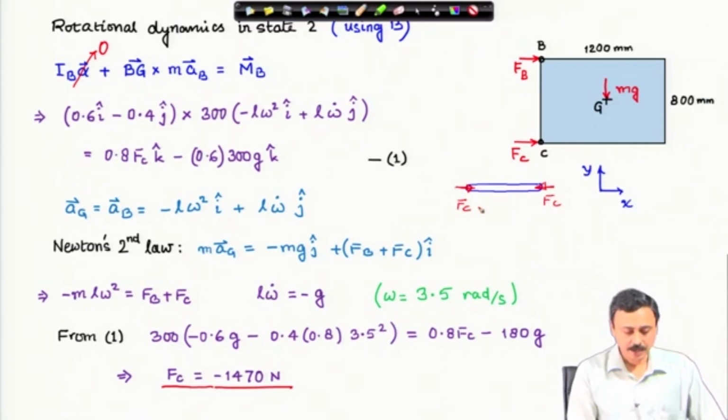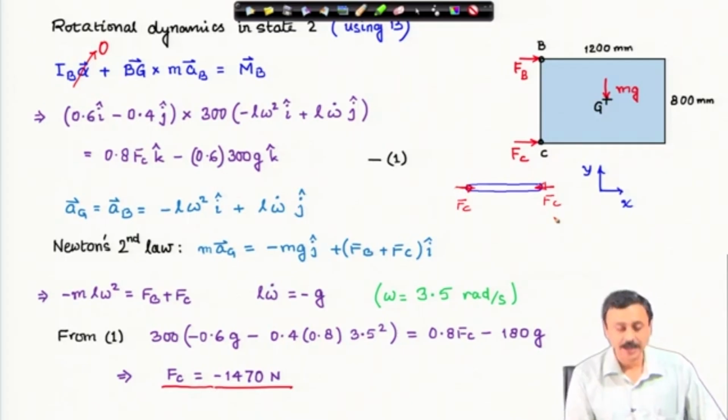But because now after calculation we find that the sign is negative, which means the bar will be under tension. This figure what I have drawn now shows that it seems that the bar is in compression, but if you reverse the direction of Fc, the bar is under tension. So, the actual thing is the bar will be under tension.